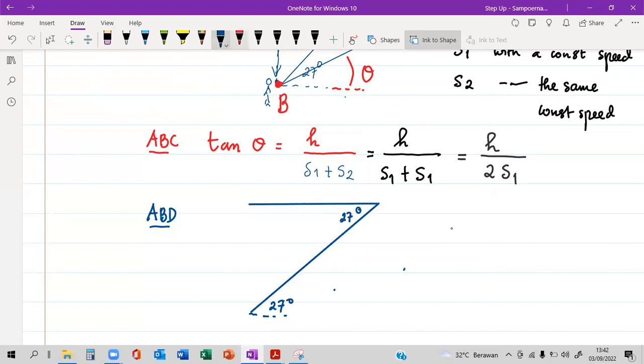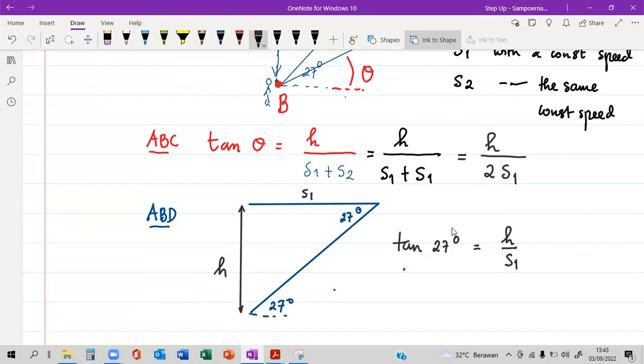Do you still remember what the distance is here? This is the distance S1, and this one is the height. So now I'm going to write tangent 27 degrees equals height over S1.